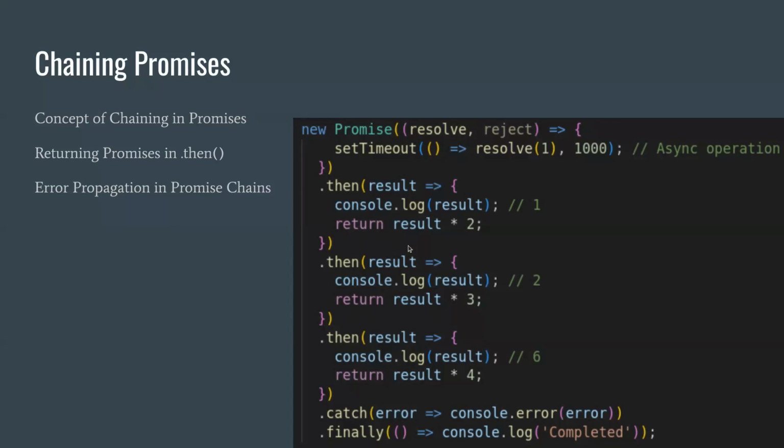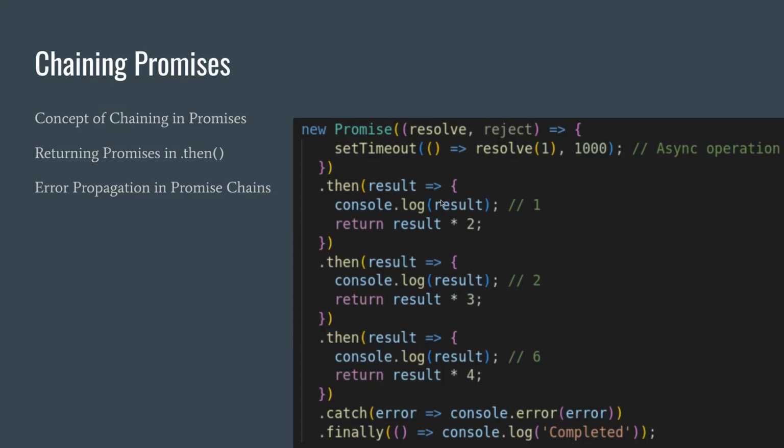Once it receives the result from the previous block, it returns a new value or promise. So you can see that what we're doing here is we multiply the result of the previous operation, demonstrating how data is passed through the chain.